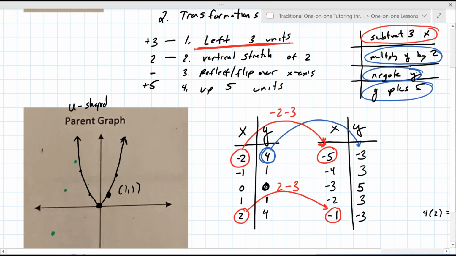And then you have symmetry, so it's going to look like that. And then -1, -3, so it's going to look like this. You're transformed. Mm-hmm. Okay.